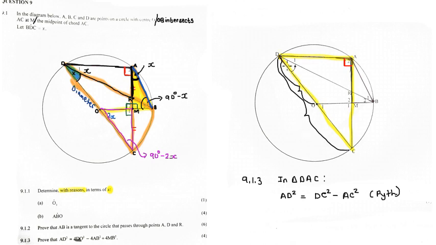In fact DC is a diameter, so DO is the radius, sorry, no, the other way around, DC is twice DO, so we can do that substitution. So we're going to say over here that twice DO is DC. Don't forget that was originally squared. Then we have minus AC squared.